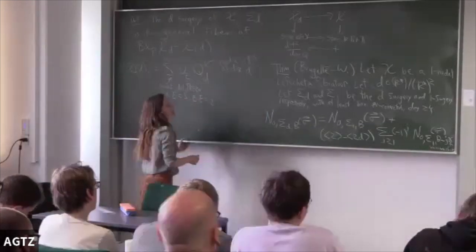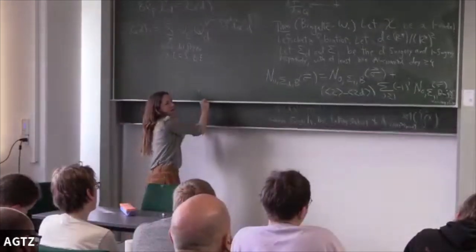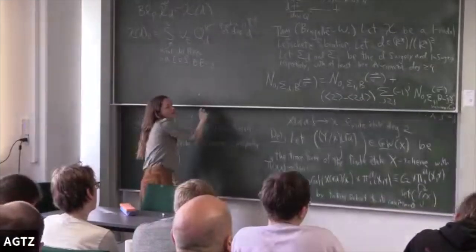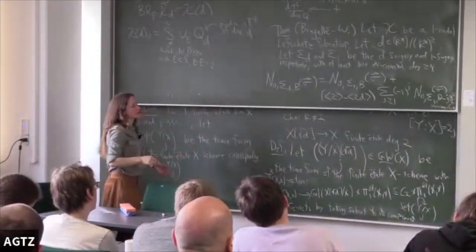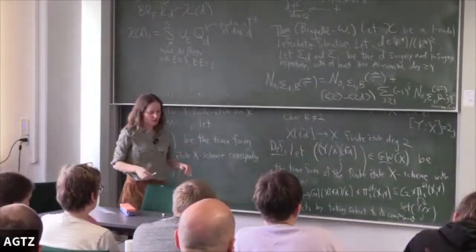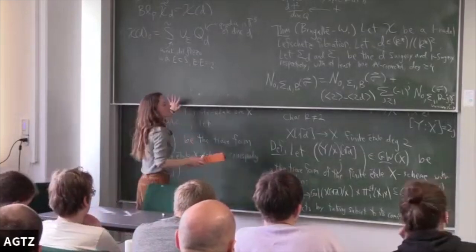So if you take the rank, you get a formula of Abramovich and Bertram. If you take the signature, you get a formula of Brugallé and Puignau.